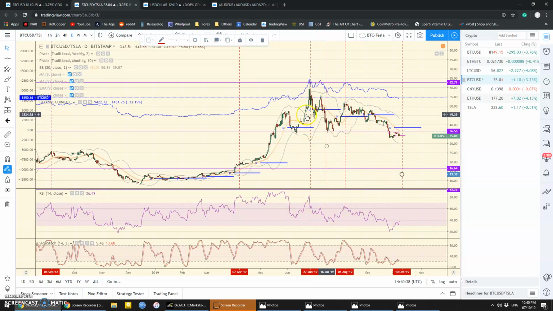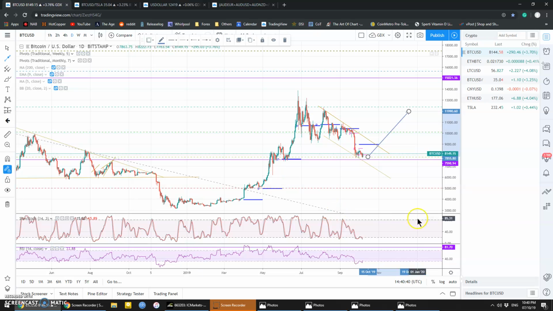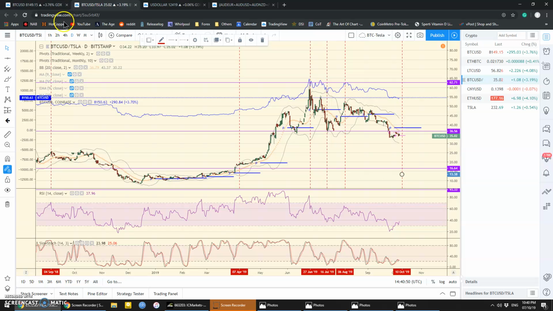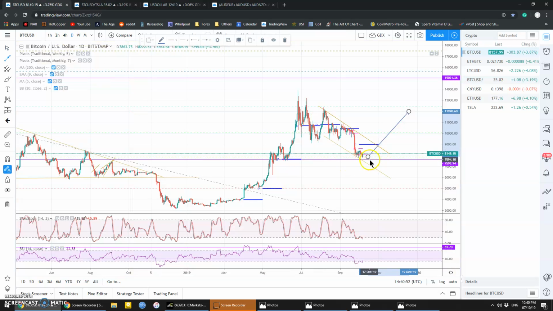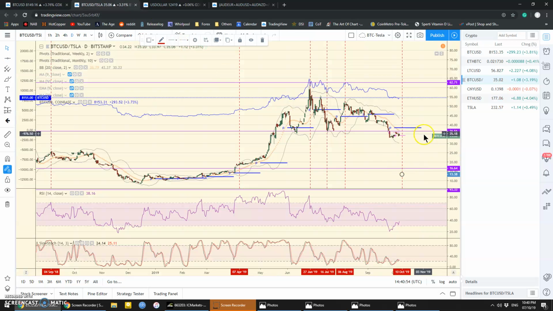I don't use this 100% of the time. Again, I use this to correlate with a technical setup on the main Bitcoin price action. But in this case, I'm seeing a potential setup. We got nice support here, 7,500. We have correlation. We just need a lower low, which means either we need Tesla shares to go up or Bitcoin to go down, or both, and we could set up a nice buy.